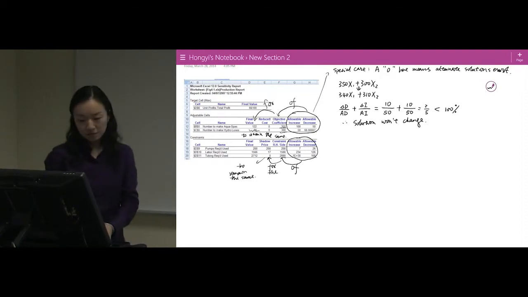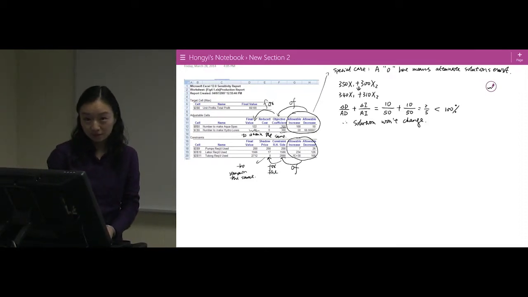So similar pattern, you can remember this as the third table in the output. The third table is about constraints, and this allowable increase and decrease are the amount the right-hand side value can change without changing the shadow price.